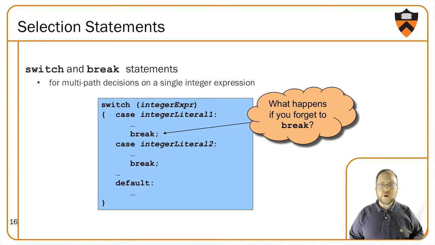Note that the break here is not obligatory. You can leave it out, but it changes the meaning of the program. If you forget a break statement, control flows from the selected case clause into the subsequent case clauses. This is called fall through, until eventually a break statement occurs or the end of the switch statement is encountered.